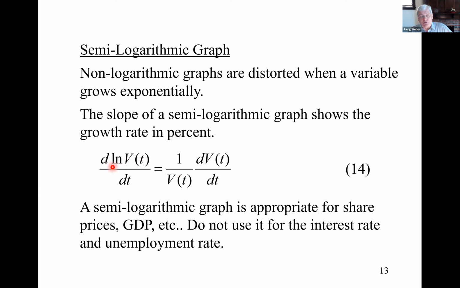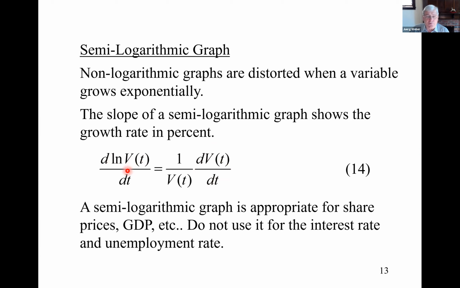So actually we go through two functions here. V depends on t, and then in the end we take the logarithm of that. That's a second function. So because of the chain rule, you must now multiply by the derivative of this inside function, Vt. It's called the inside function.